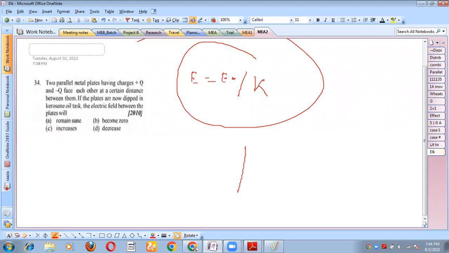Suppose we have capacitor plates having area A. When finding the force on a plate, we have to consider the electric field due to one plate only.